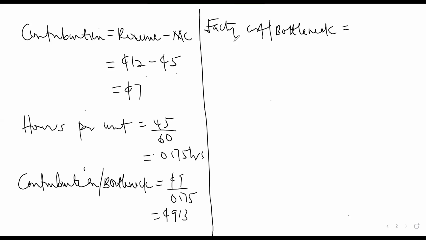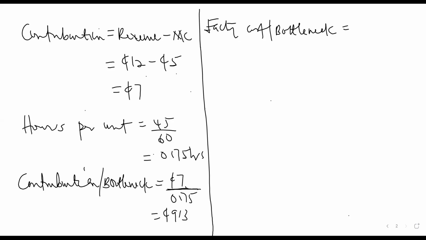Because under throughput, labor cost and variable costs or direct expenses are treated as indirect costs. So let's go to the question. Yes, Nakafu. Contribution per bottleneck, I think you wrote 9 out of 0.75. Sorry, it's supposed to be 7. All right. Yes, sir. Okay, thank you.